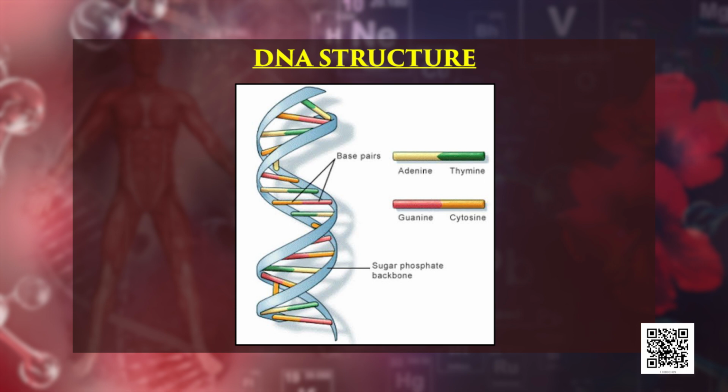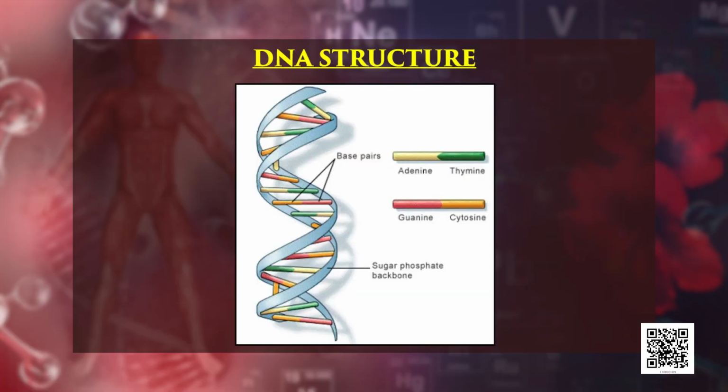In each chain, the phosphate component carried by the carbon atom at 5' position of sugar in one nucleotide is joined by phosphodiester bond to the hydroxyl component of the carbon atom at 3' position of the sugar in the next nucleotide unit. These 3' to 5' phosphodiester bonds help in the formation of polynucleotides. The alternating sugar phosphate forms the backbone of the DNA helix.